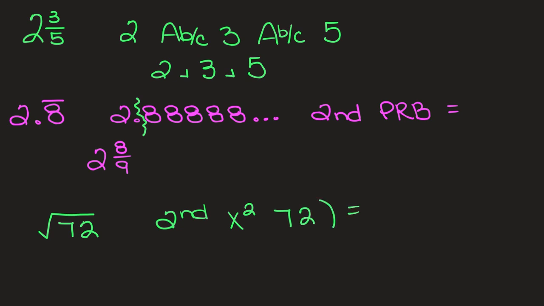Very good. Second x squared, type our number in, close parentheses and press equal. And what do we find about the square root of 72, Clara? It's irrational.